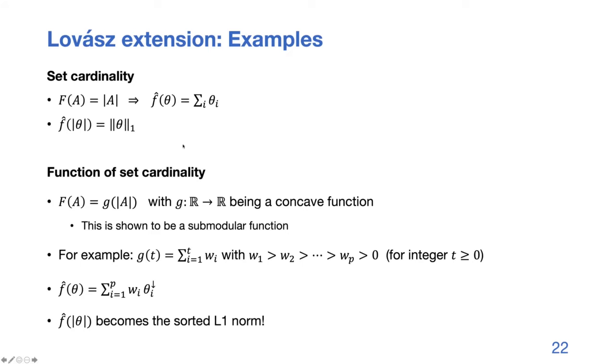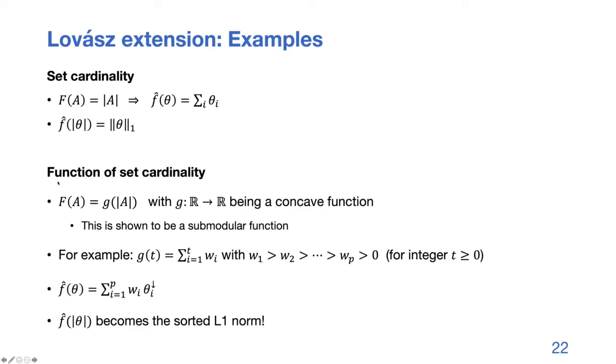The first example is set cardinality, which is a function that counts the number of elements in a given subset. Then the Lovász extension will be the sum of coordinates. So the point is that we can obtain the L1 norm by passing the absolute value of theta to this Lovász extension.